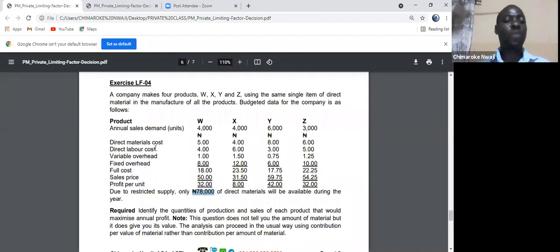So step 3 is to look for the direct material cost per unit. Now, it was given to us, surprisingly, direct material cost per unit. Remember when we did labor, we said it was not labor cost, but labor hours, and labor hours was not given. We calculated it. If we were to do direct materials as our limiting factor, we would have been told how much per unit or per kg each material will cost, and would have followed the same way to get material usage.